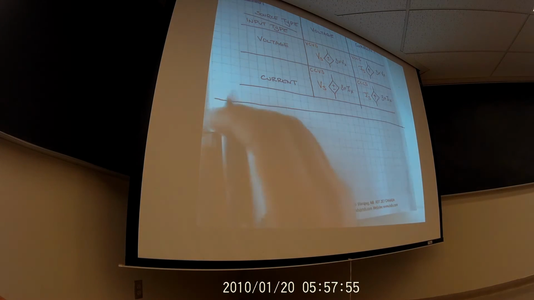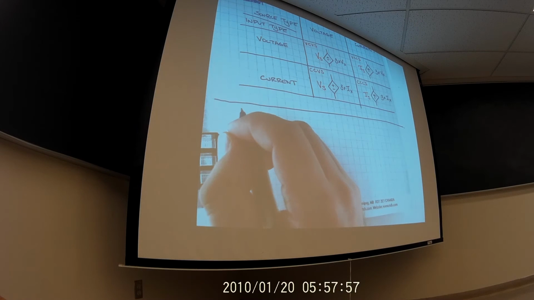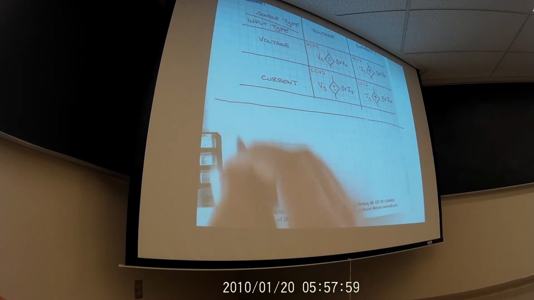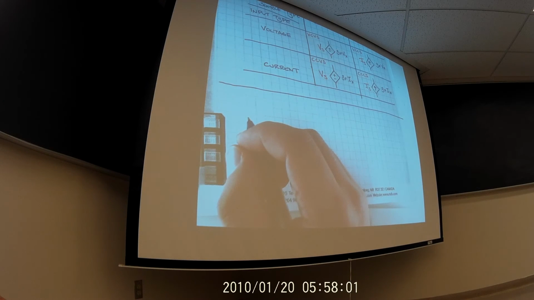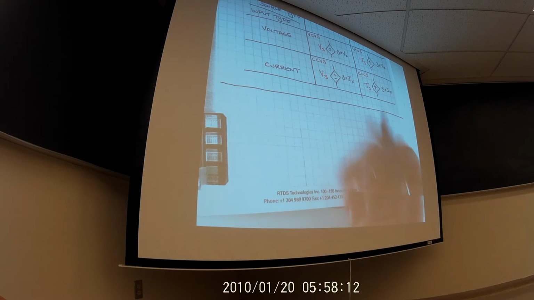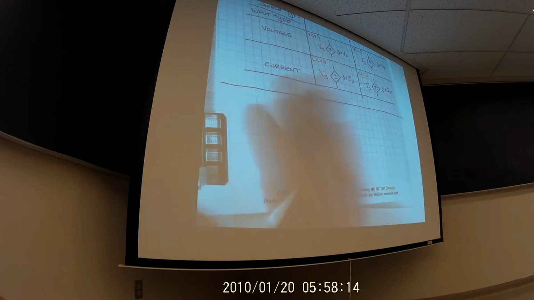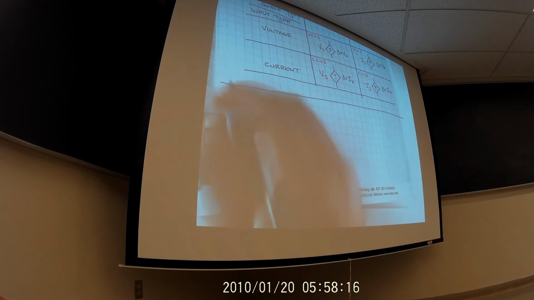Now, moving on to another topic. So, we talked about how we could combine resistors together, right? We could combine resistors together into series and parallel combinations. Can we do the same thing for sources? And the answer is yes, we can. And there's different rules on how we can do that.